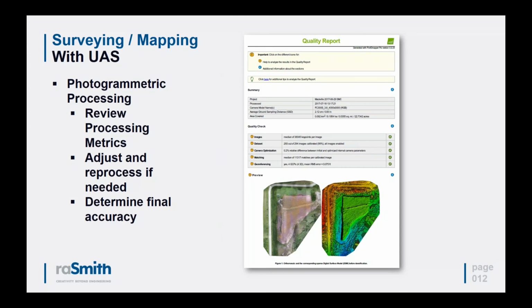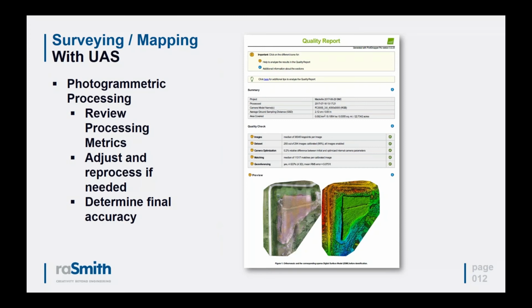But the one common mistake that I see a lot of people make, especially people who aren't real experienced in mapping with a drone, is they get this report and they see in the middle of the page here, you might be able to see these 5 green check marks, which can be a little misleading, but it ultimately means you're good.